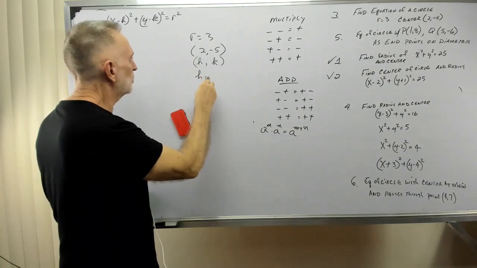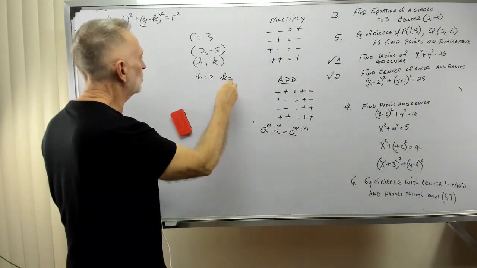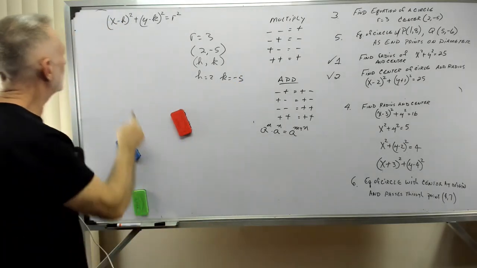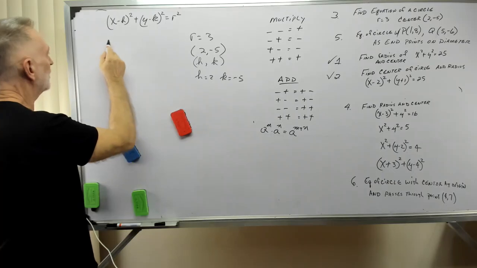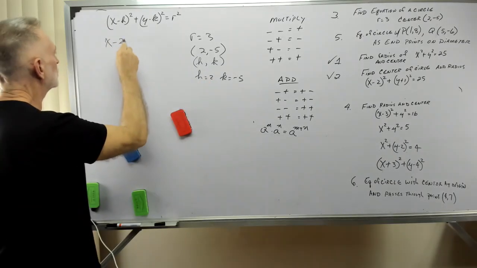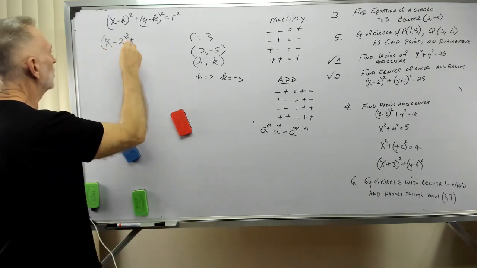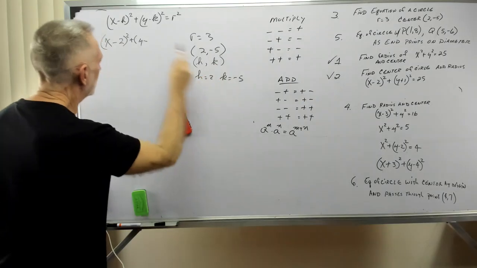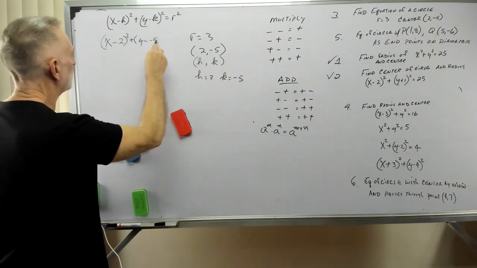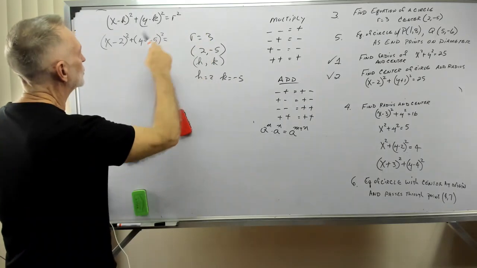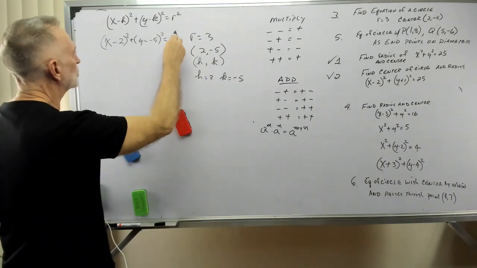So h equals 2, k equals negative 5. We can do this. Here we have x minus h, which is 2, squared, plus y minus k, which is negative 5, squared equals, radius is 3, so that's 3 squared.